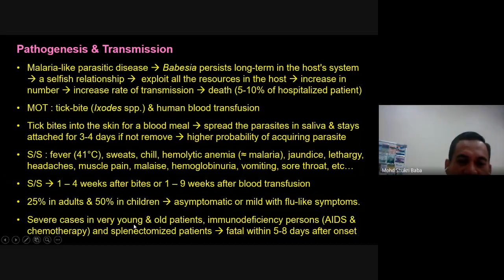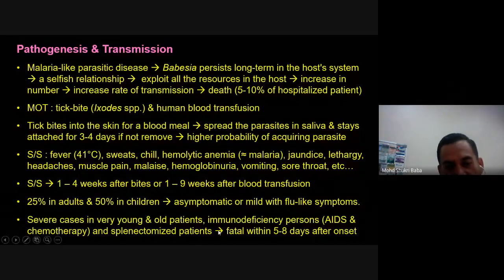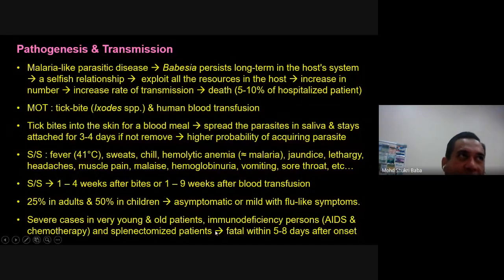Severe cases in very young and old patients, also can happen among immunodeficient persons, which is AIDS and chemotherapy patients, and splenectomized patients, okay, patient yang melakukan pembedahan membuang spleen, limpa, which is sekiranya tak dirawat, okay, it can lead to the fatal atau kematian up to 8 days after the onset.